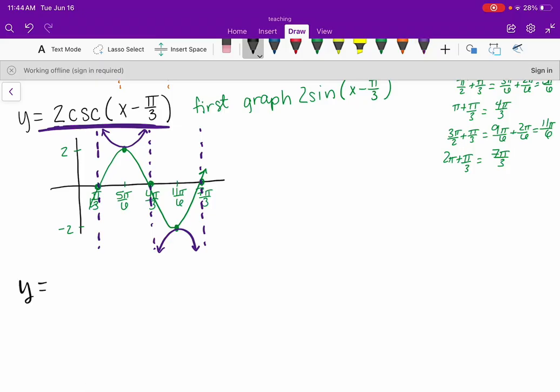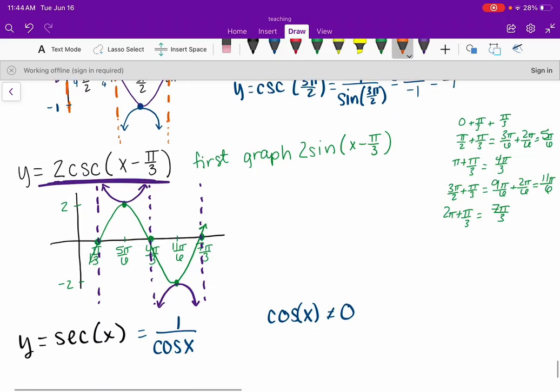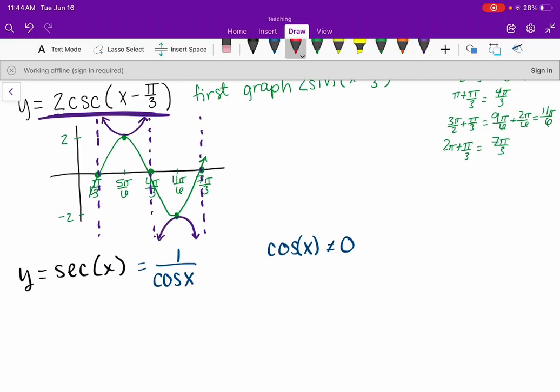Very similar idea for secant. So if you want to graph secant, secant is 1 over cosine x. So first let's find everywhere that cosine would equal 0, because that's where we are going to see asymptotes. You go back to your unit circle. Here, I'll redraw it right here for us.